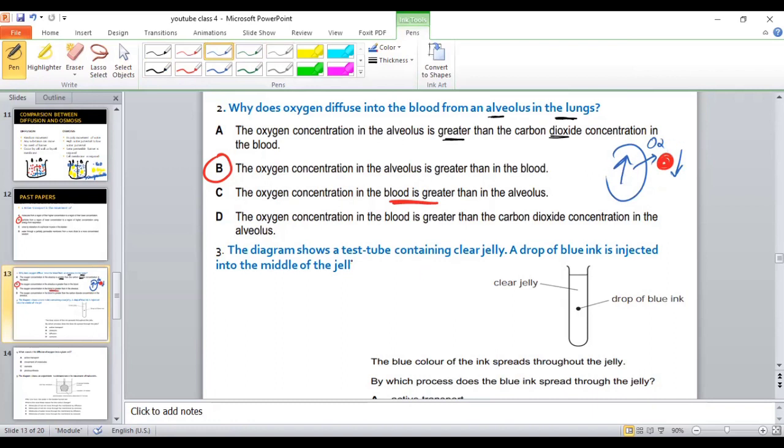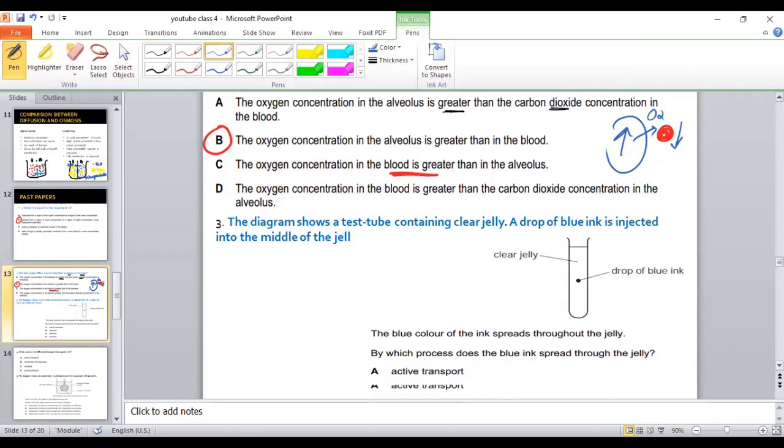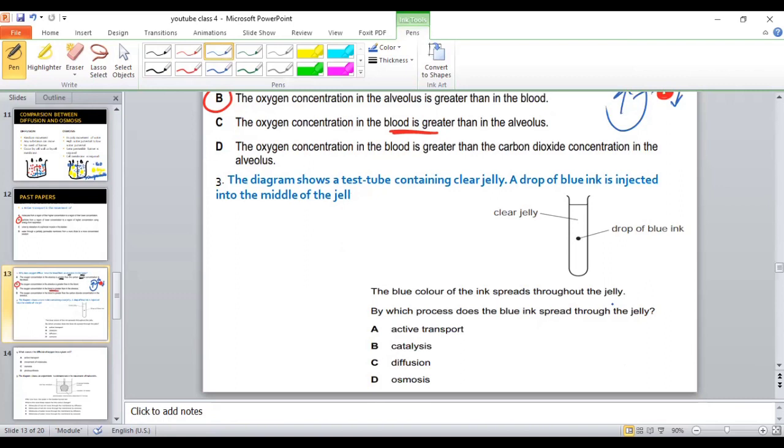Okay. The diagram shows a test tube containing clear jelly. A drop of blue ink is injected into the middle of the jelly. So the blue color of the ink has spread throughout the jelly. By which process does the blue ink spread through the jelly? Simple, it is diffusion.